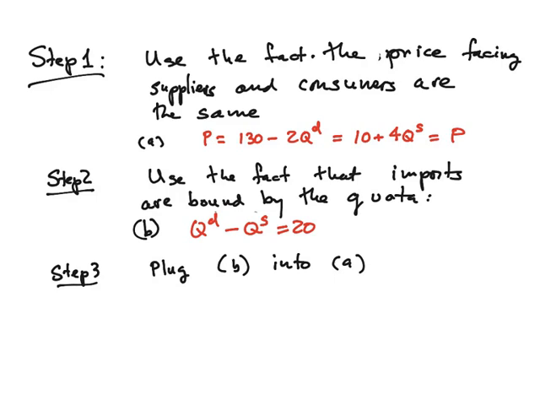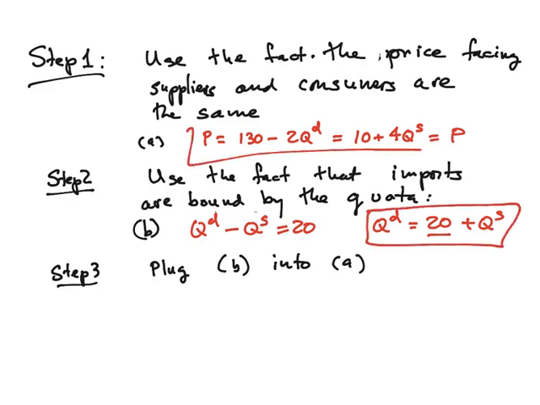Now, you can also rewrite that as: whatever the quantity demanded is, it's going to be whatever you allow in by imports plus the quantity that is supplied by domestic producers. So what I want to do is to plug this relationship into this relationship. What do we get?